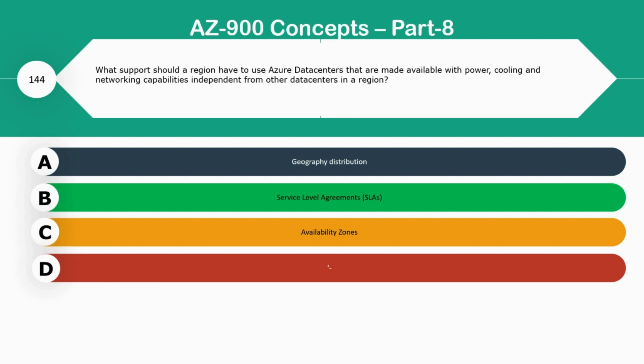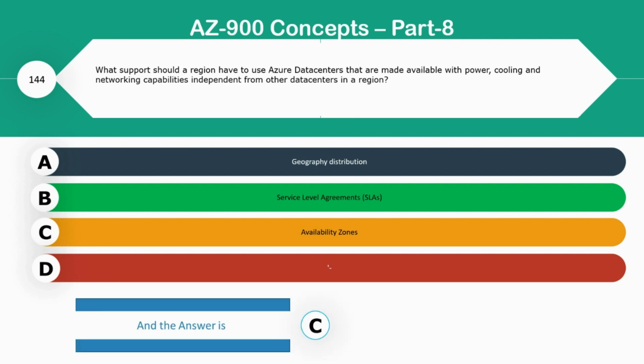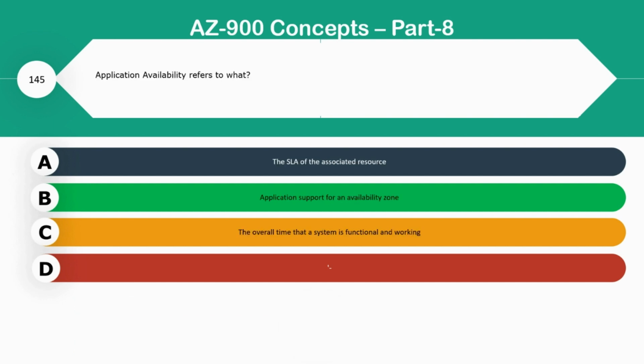Option C, availability zones. Service level agreement is not at all related to this question. So between option A and option C, the right answer for this question is option C. That is, each availability zone has a distinct power source, network, as well as cooling. And so C is the correct answer.